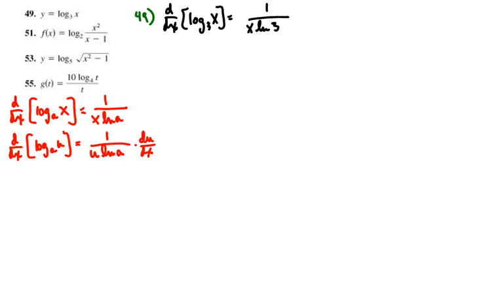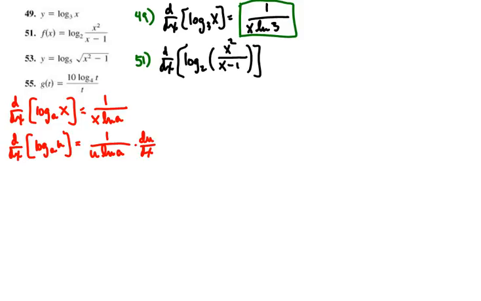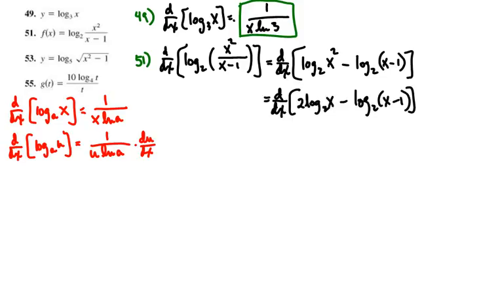Number 51. Now once again we have the log of a quotient. The log of a quotient is the difference of the logs. So we end up with the derivative of log base 2 of x squared minus log base 2 of x minus 1. We can bring the 2 down from the x squared. So we have two different logs of base 2.